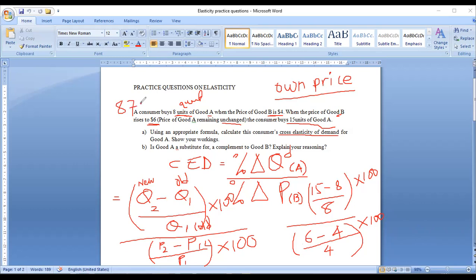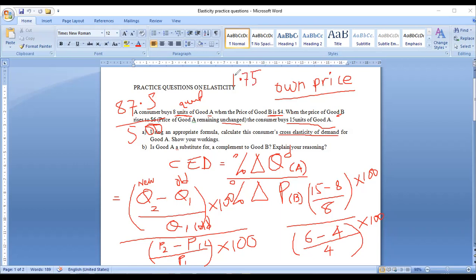Yes, it's over 87.5, over that, over 50. And what are we getting? 1.75 as our answer.